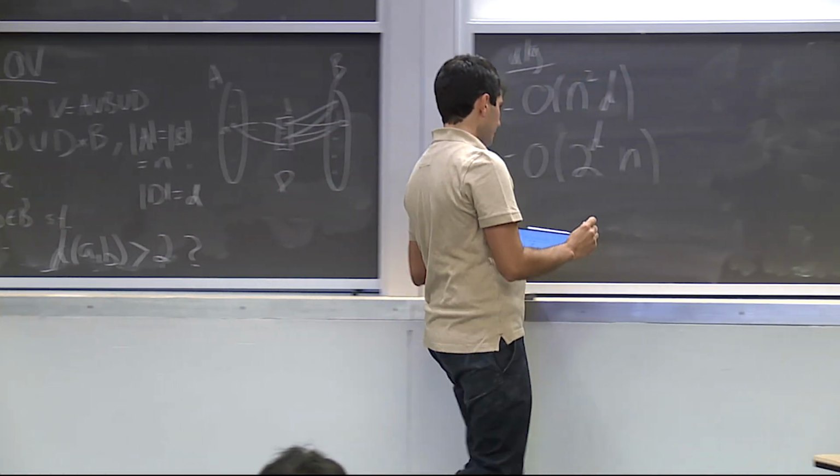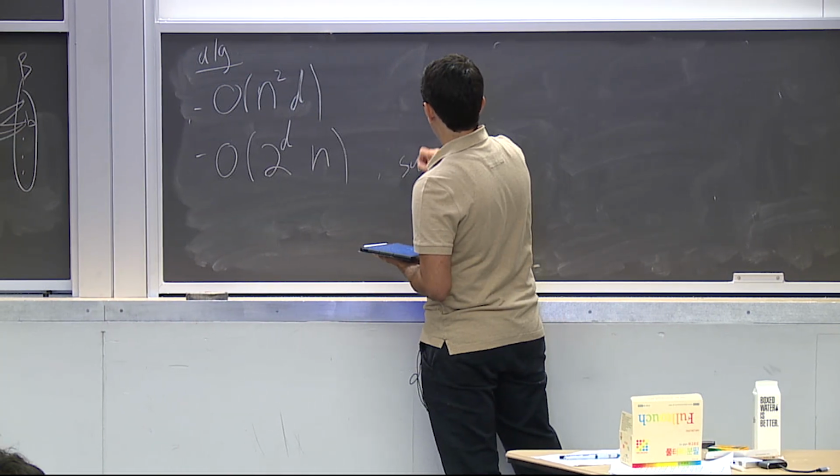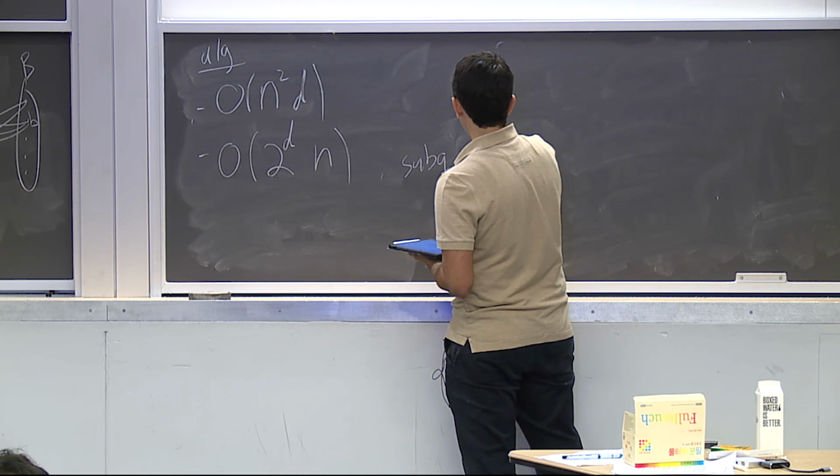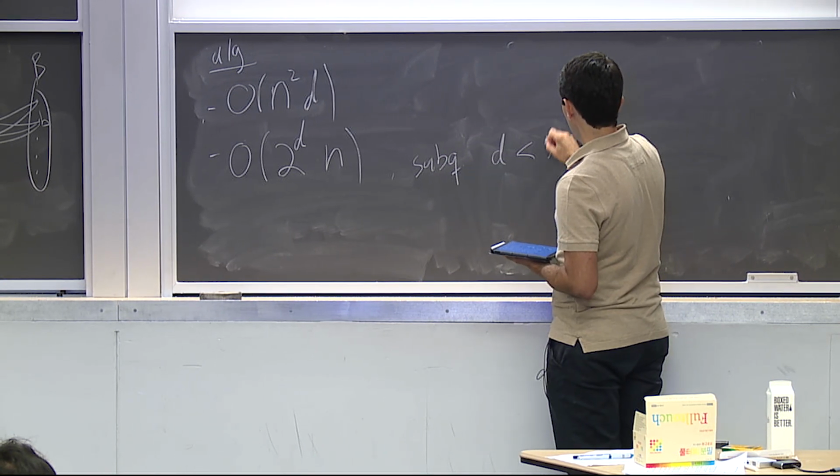And the point about it is that it's subquadratic when d is, let's say, much less than log n.